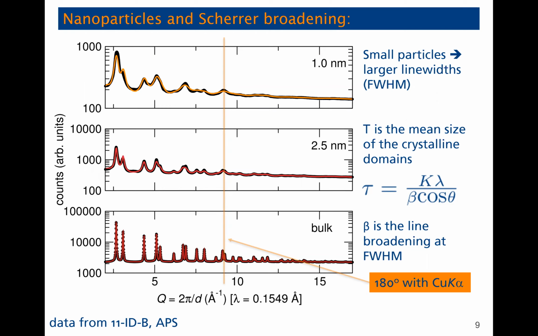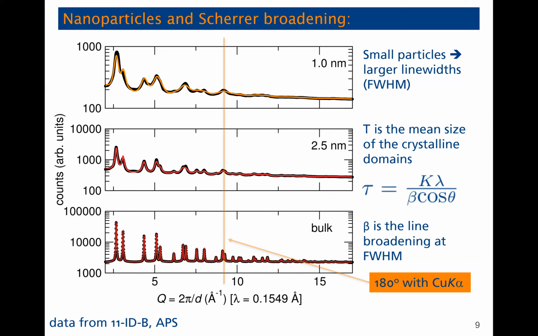One thing is you can estimate the size of the smallest crystalline domain, because the smaller the particles, the larger the line widths from the peaks you get are. In contrast, the larger and more perfect a crystal structure you have, the taller and more distinct peaks you would get.